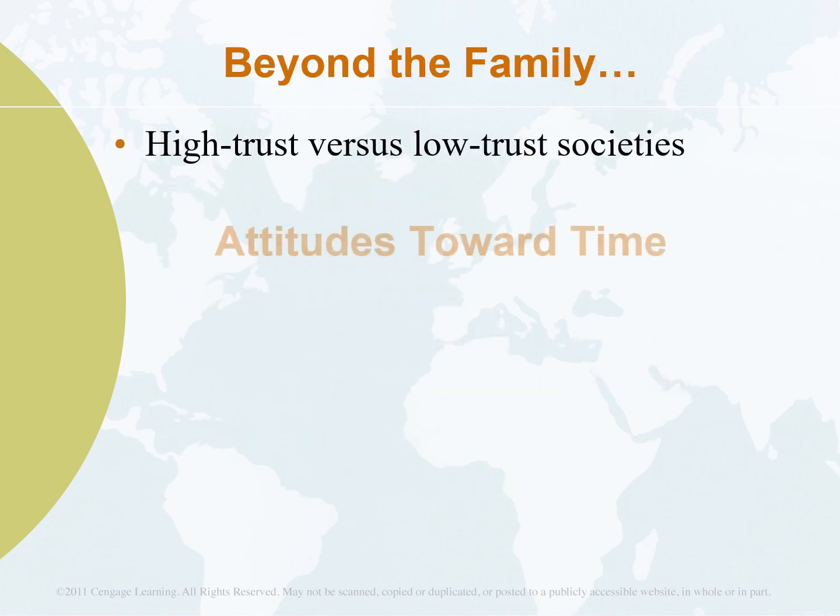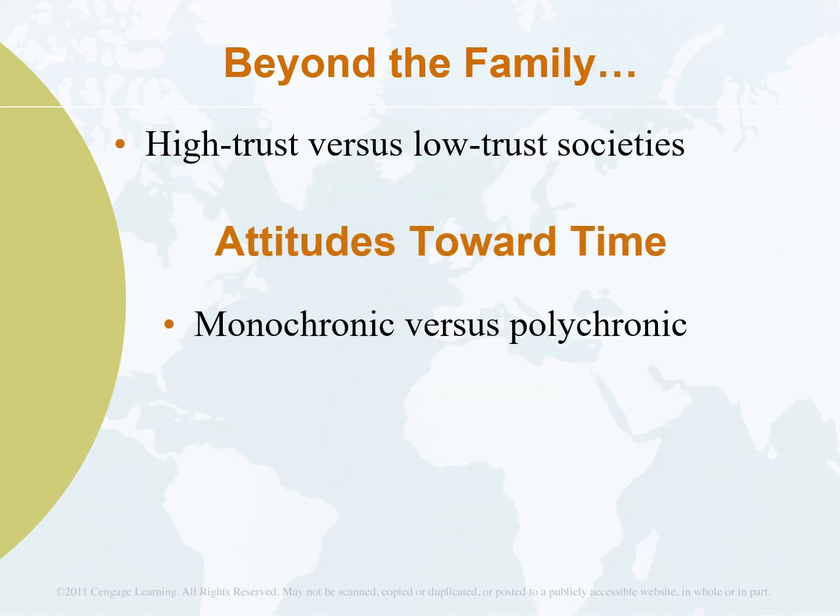Beyond family, we talk about high trust versus low trust societies. We talk about attitudes toward time. Monochronic, you do one thing at a time. Polychronic, you do many things at a time.